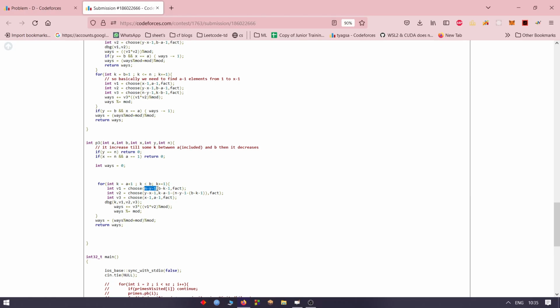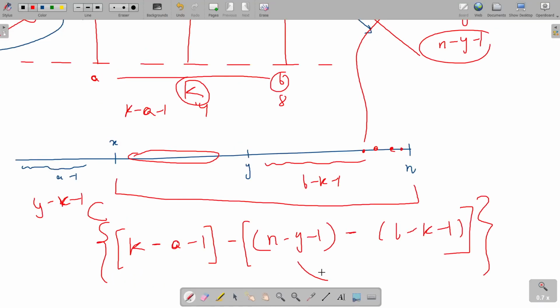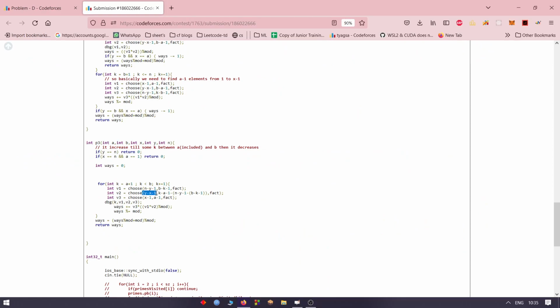So you have n minus y minus 1 values, and you have to choose b minus k minus 1 from them. And then you have this last range. So this last range is y minus x minus 1, and from that you have to choose k minus a minus 1 minus how much you have to choose from the range between y and n to completely exhaust it. And then you just add it and then you return it.